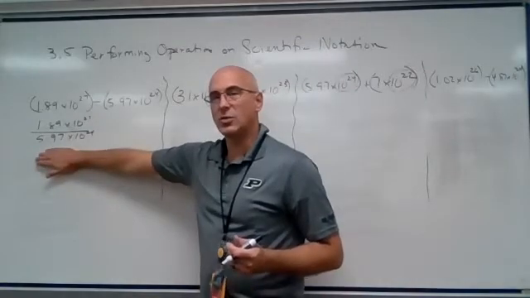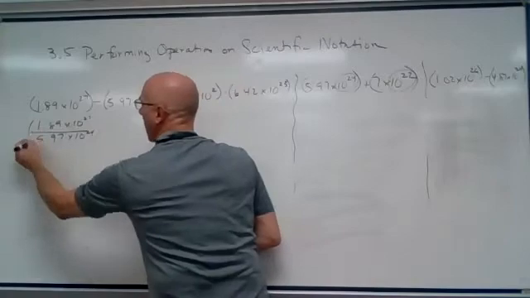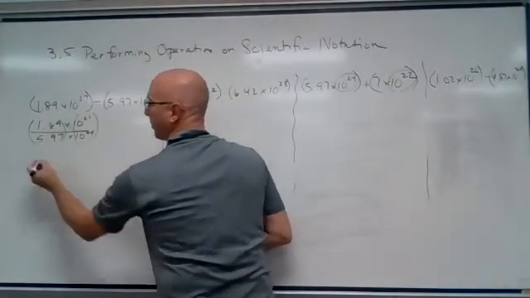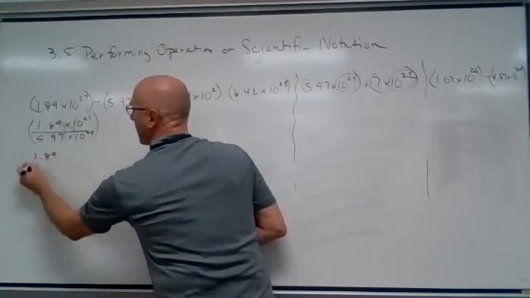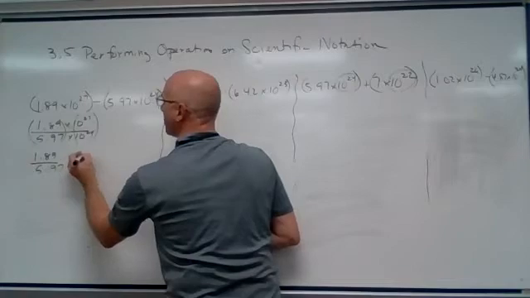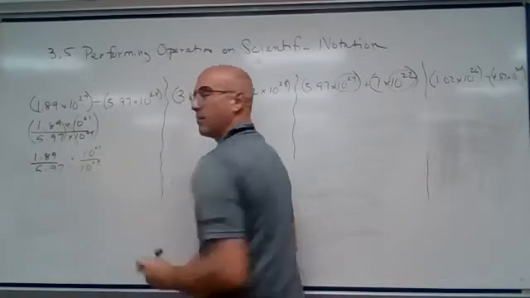Now we can section this off. We can have this division problem times this division problem. So we have 1.89 divided by 5.97 times 10 to the 27th over 10 to the 24th.